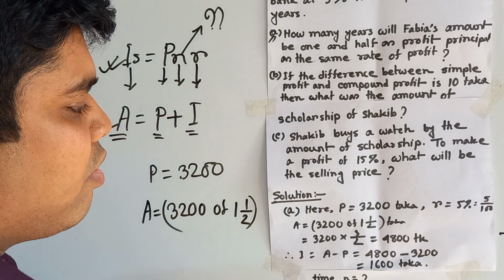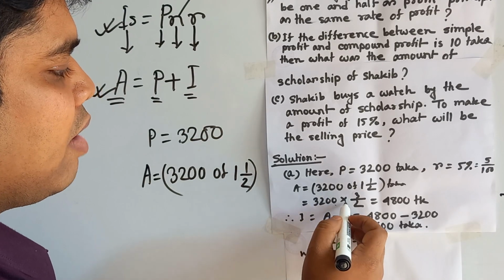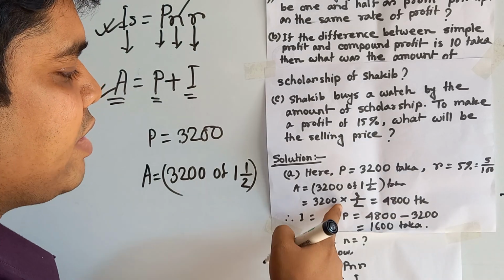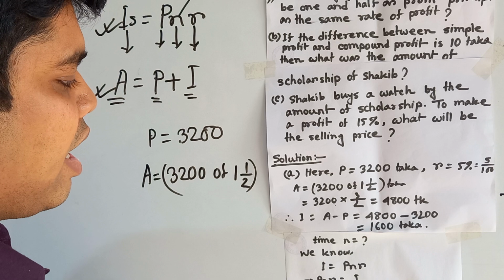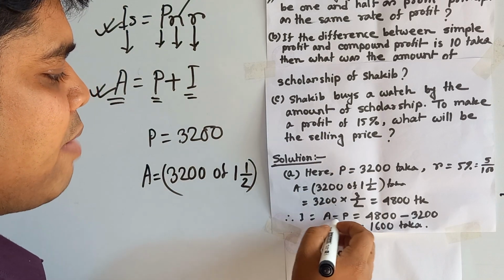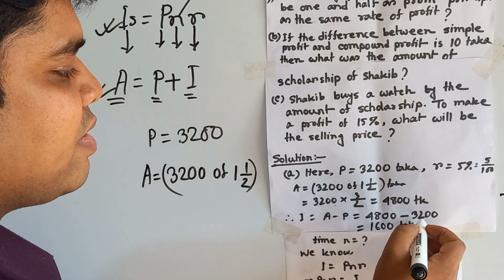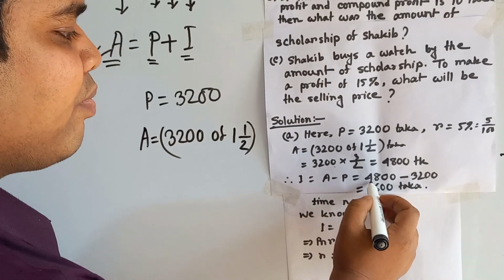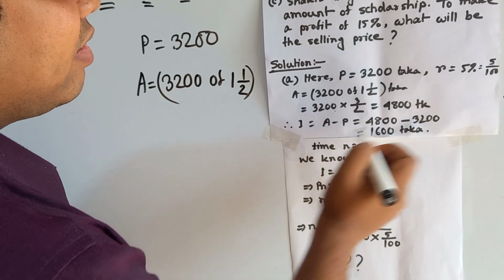Now we convert this mixed fraction into an improper fraction. 3,200 multiplied by 3 by 2 equals 4,800 taka. Now we find out I. I equal to A minus P. Here A is 4,800 taka and P is 3,200 taka. When we subtract 3,200 taka from 4,800 taka, I get 1,600 taka.